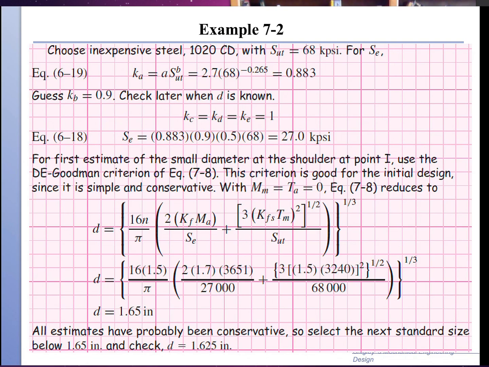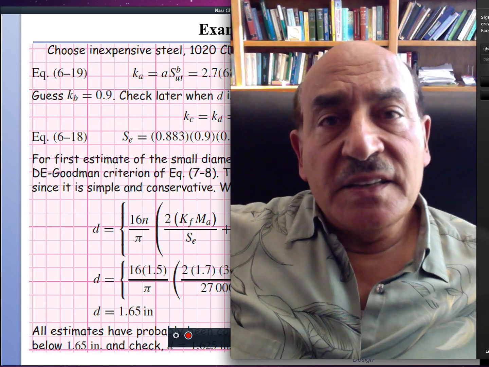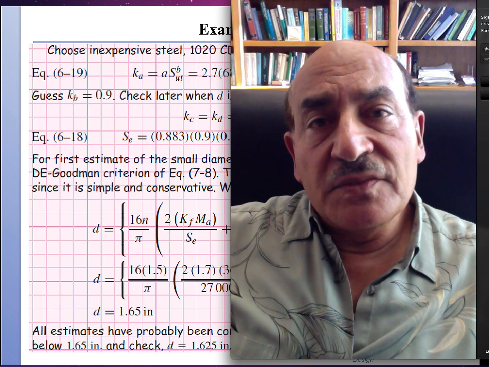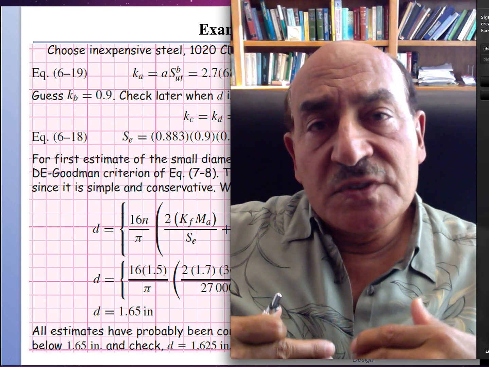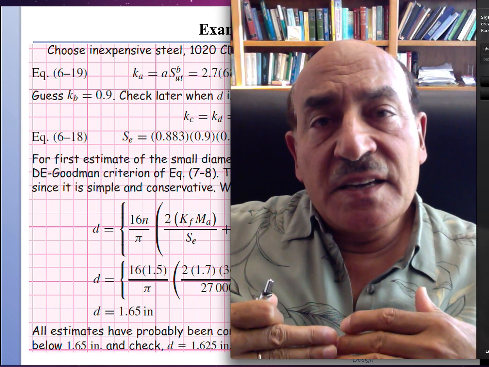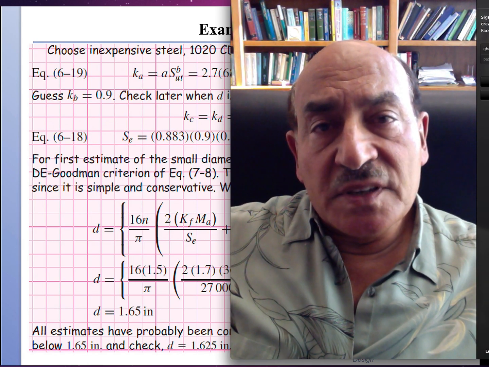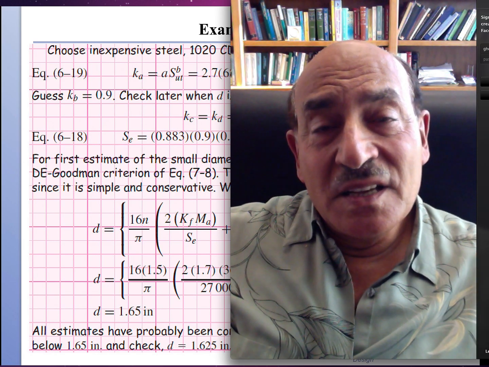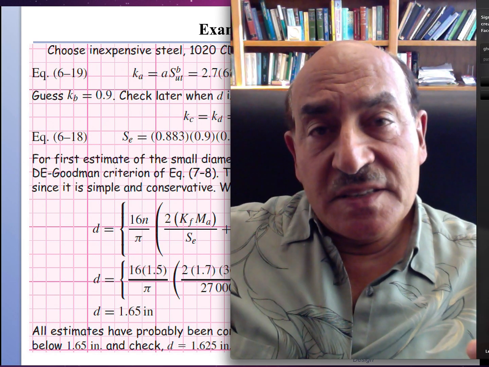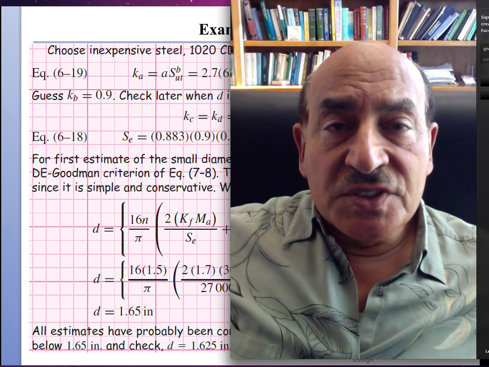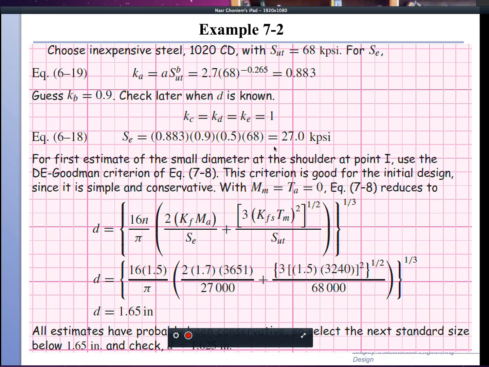Next is to combine the loading conditions, and here we have an alternating component of loading that is being produced by the moment, and a constant component of the stress that is produced by the torque. This constant component is shear, while the alternating component is axial. So we have to add them up using the distortion energy criterion as the easiest way, and we're using the Goodman criterion.